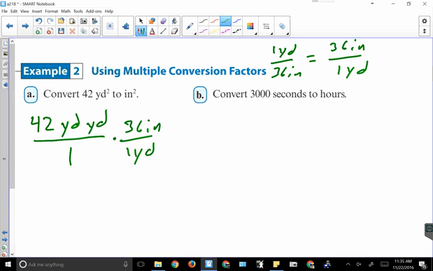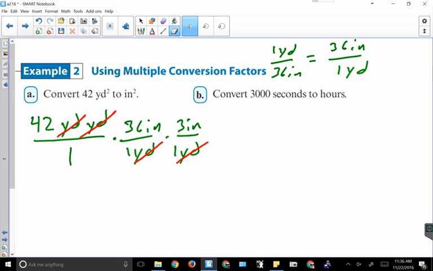I've got 2 labels of yards, so I need another one. Okay? So, this yards cancels with that yards. This yards cancels with this yards. So it's 42 times 36 times, it always helps if I actually write out 36, right? I missed that there, sorry. So 36 inches. Okay. So 42 times 36 times 36.